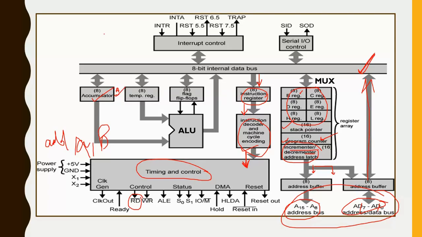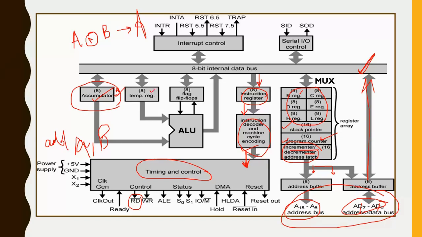You have to keep in mind that all the ALU operations have to be on register A. This can be any operation like plus, minus. Suppose this is plus, right? So you have to add with b, suppose. So the result will automatically be stored in the accumulator. So that's why this accumulator is the main register in which you have to store the data.